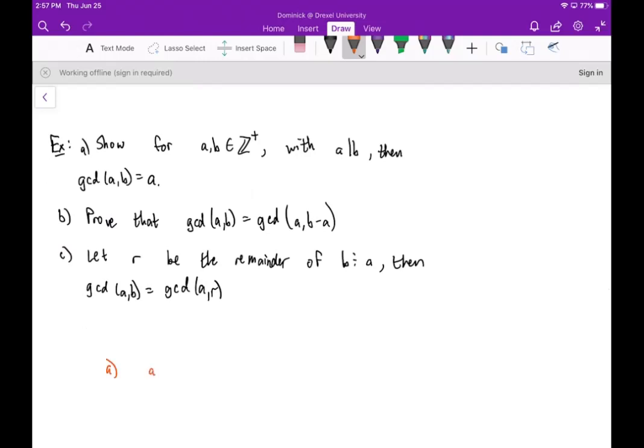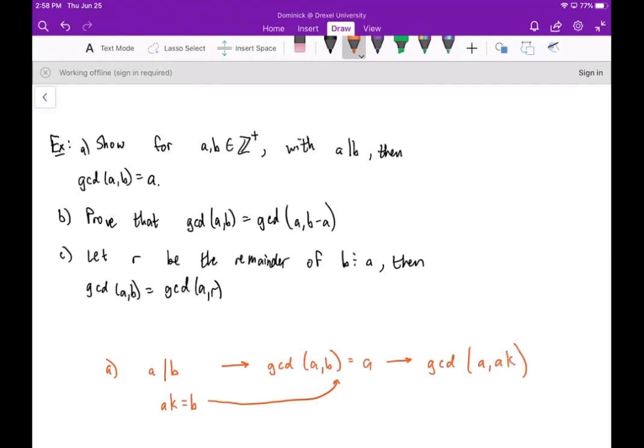if we have a dividing b, then that means that the GCD of a and b is equal to a. Well, if a divides b, that means that a times k is equal to b, right? And that means that I can plug in a times k for b.